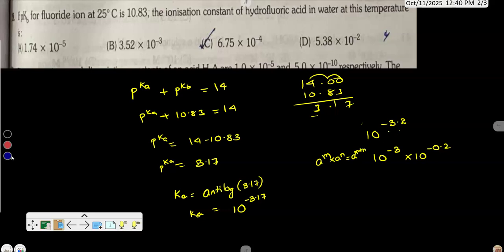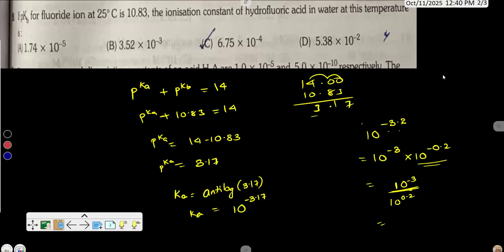Similarly, 10 to the power of minus 3.2 is formed by 10 to the power of minus 3 into 10 to the power of minus 0.2. So this can be written as 10 to the power of minus 3 divided by 10 to the power of 0.2.